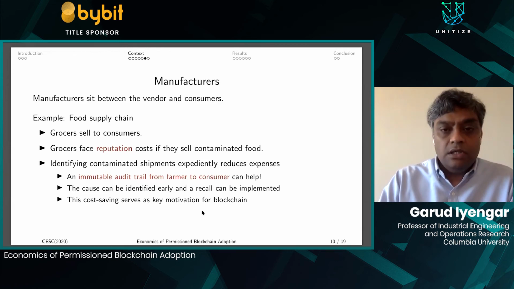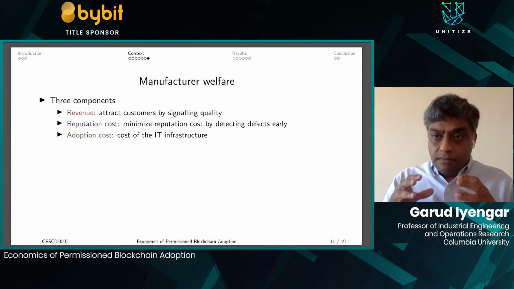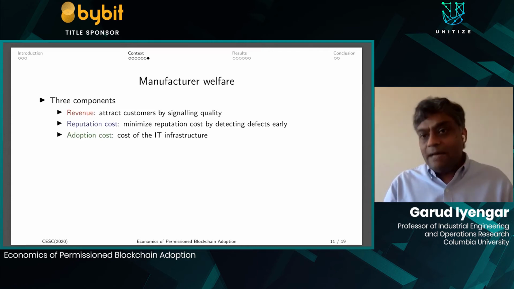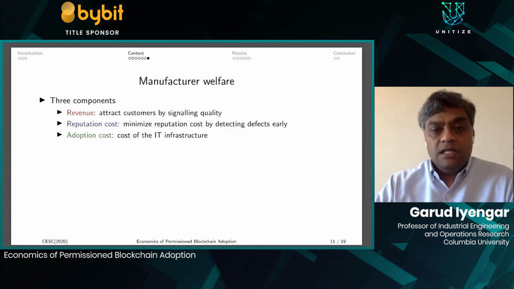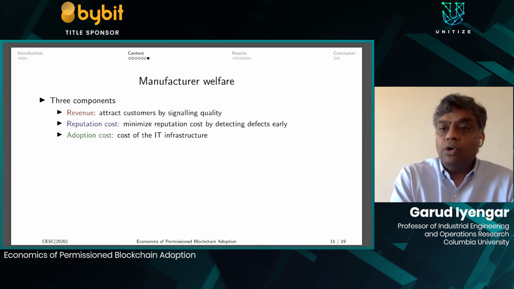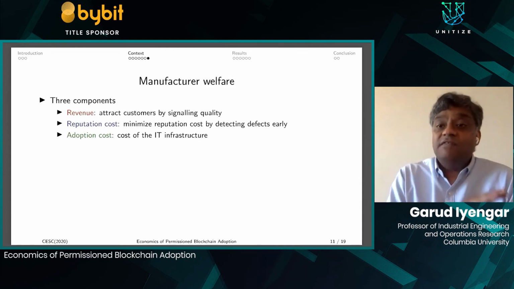All right. So let's set it up to a little bit more general model. The food supply chain was a motivation, and it's a very strong motivation for our work, but let's abstract it away a little bit. The manufacturer's welfare consists of three components. First, revenue: you increase revenue by attracting customers by signaling quality. I'm going to put all my transactions on the blockchain. Consumers can potentially verify it.